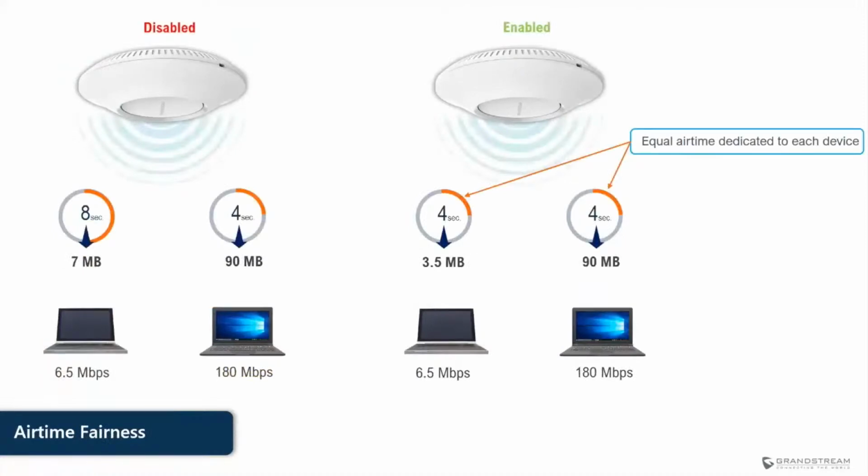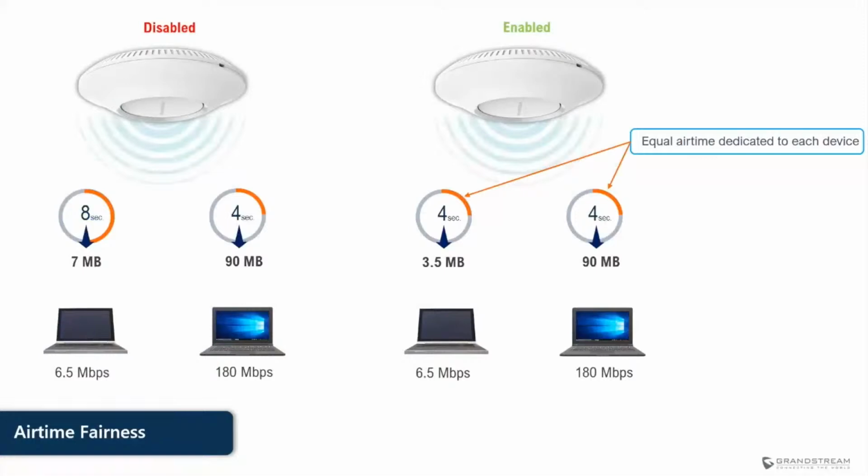Next is Airtime Fairness. In wireless communication, only one device can send or receive at a time. So when you have two devices transmitting at different rates, the higher rate device will get impacted because it will have to wait for the slower device to receive or transmit its block of data.